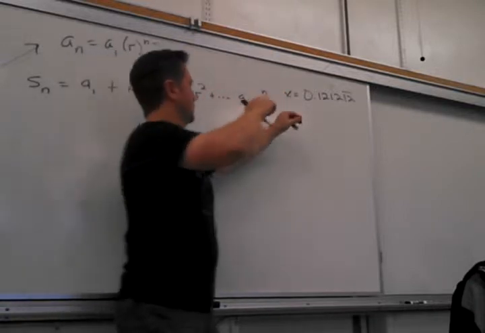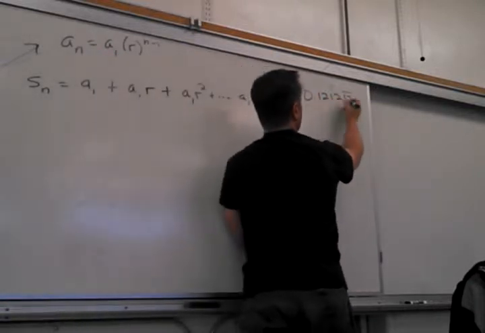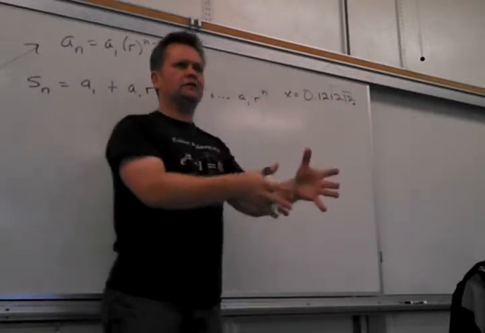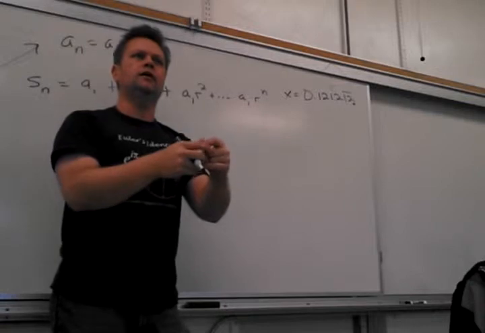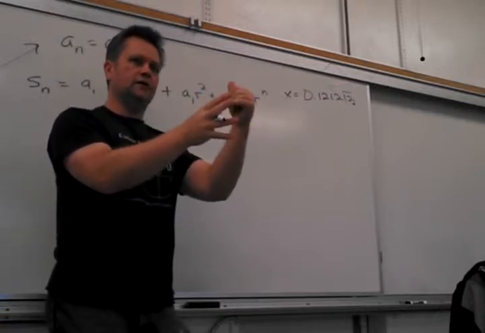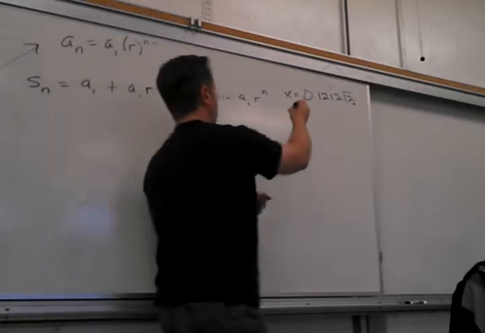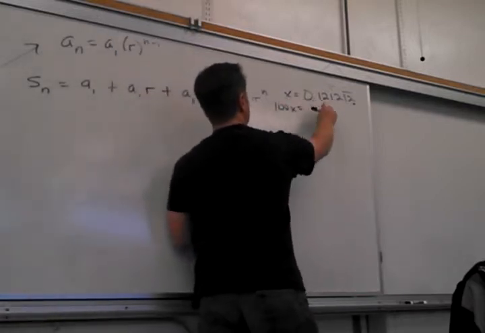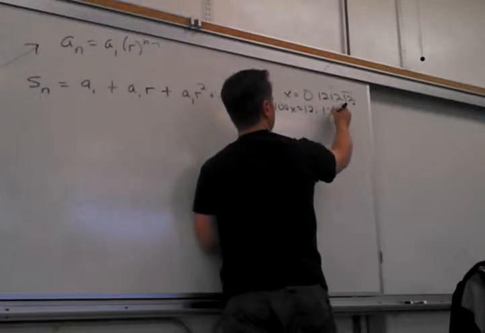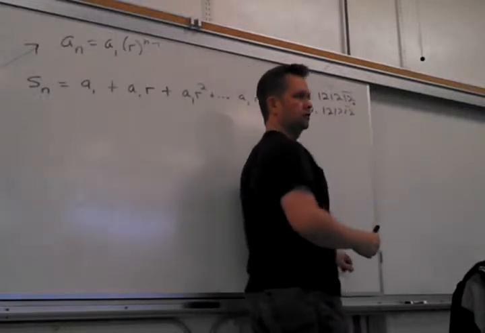The sucky part is this goes to infinity. If only there was a way to cancel that part out. The trick is you multiply the whole thing by, in this case, 100. What does this become? 12 forever, right?